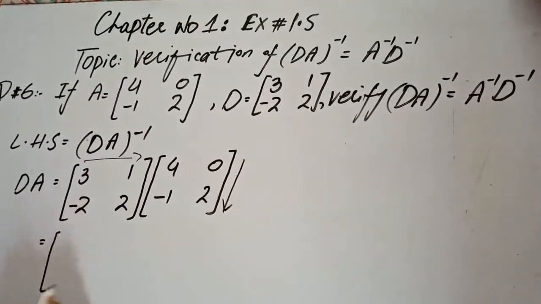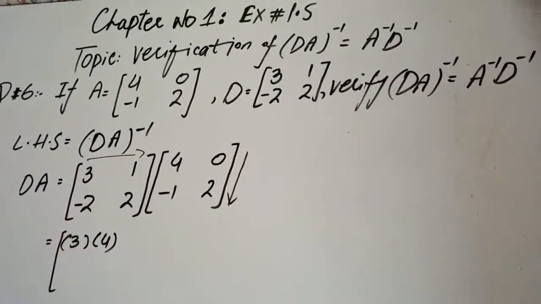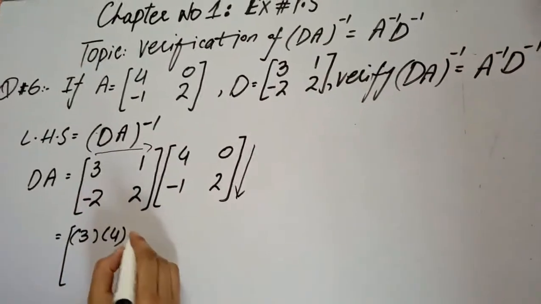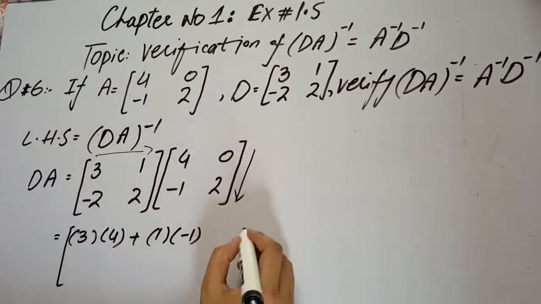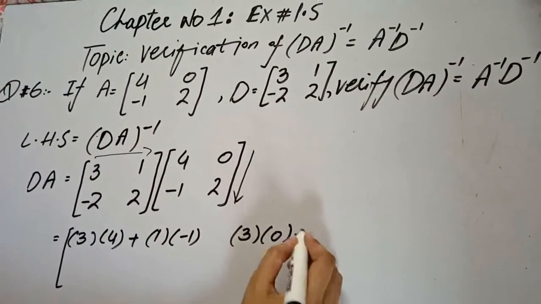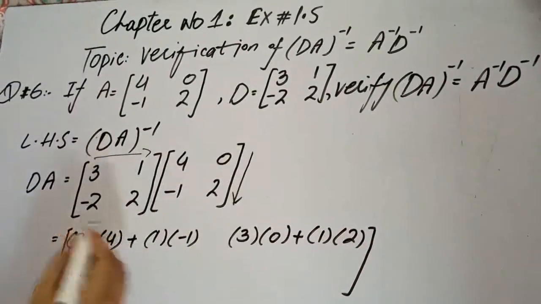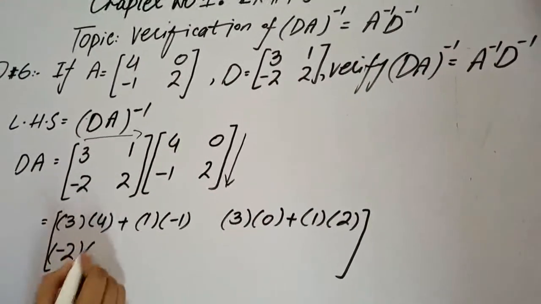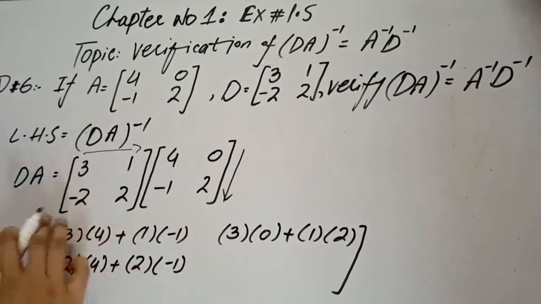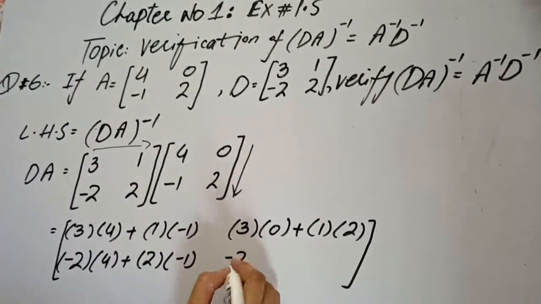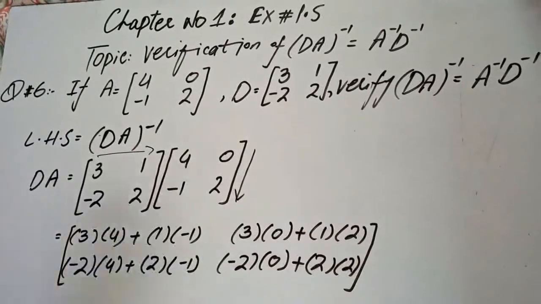So row 3, 1 times the first column: 3 into 4 plus 1 into minus 1, then 3 into 0 plus 1 into 2, minus 2 into 4 plus 2 into minus 1. Then the second row will be multiplied by the second column: minus 2 times 0 plus 2 times 2.